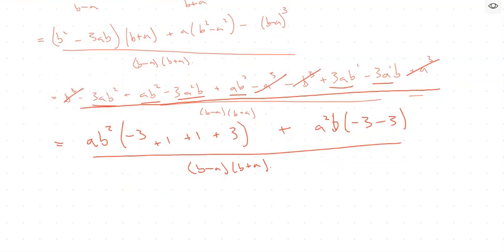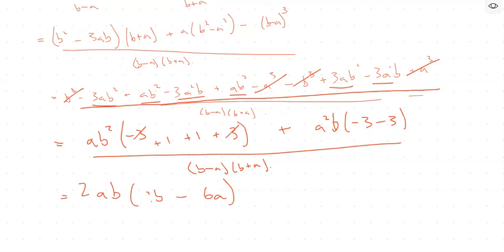Right. Cancel. So we have ab, 2b minus 6a. In fact, let me just take a 2 out of both of those.